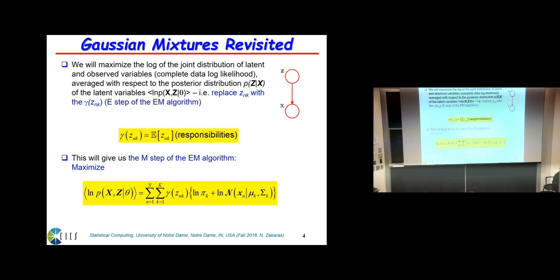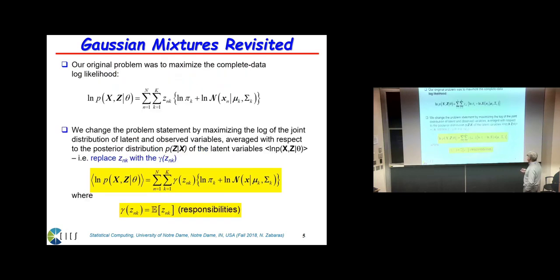Then, because we're going to take expectations, we substitute z_nk with the expectation of z_nk, which is nothing else but the responsibilities. You can appreciate the fact that now the logs are directly on each component, not inside the summation, and the summations are outside. This is only possible because we work with the joint distribution of X and Z. Otherwise, we would have the log of a summation over these Gaussians, which is not an easy thing to do calculations with.